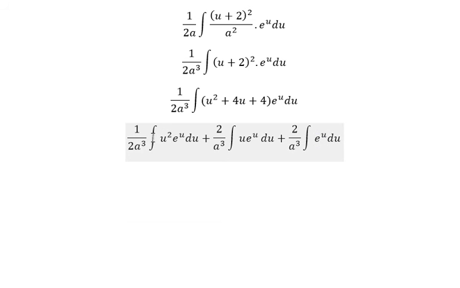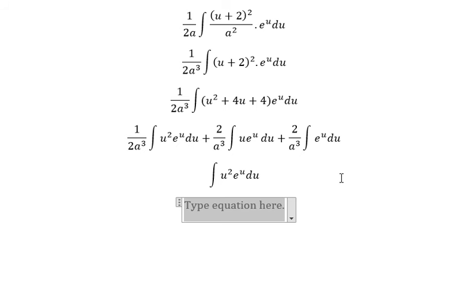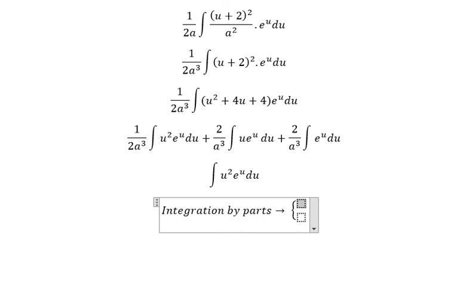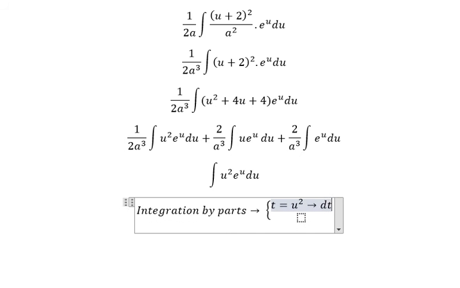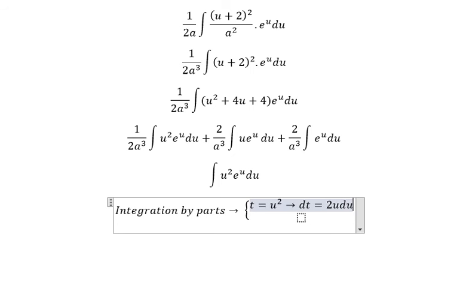Now, I need to concentrate about this one and this one. About this one, we can use integration by parts. So, we got t equals to u square, dt equal to 2u du, dv we got e to the power of u du.